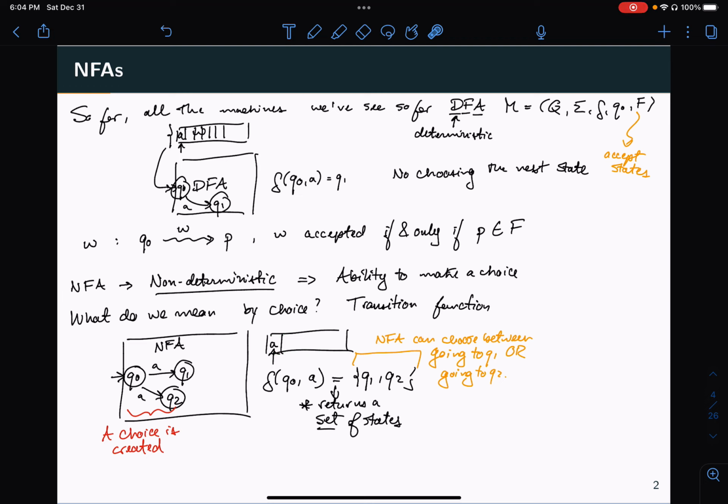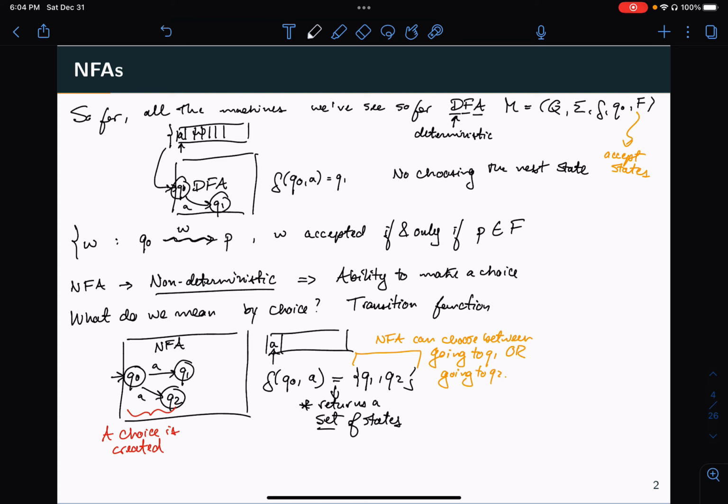And if in any of those possible walks that it can choose from, you reach a final state, then your NFA accepts the string.